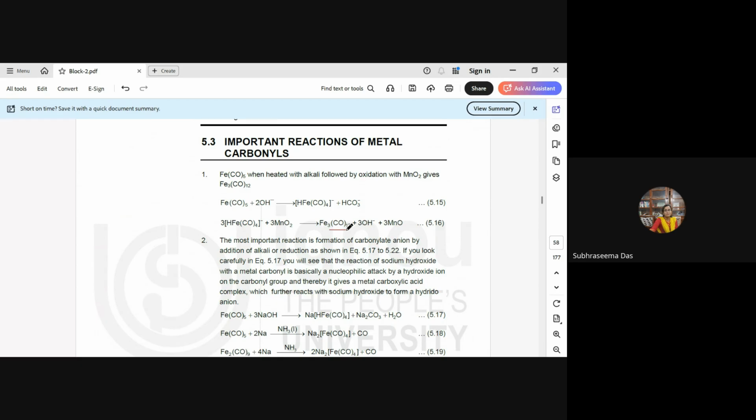The most important reaction is the formation of the carbonylate anion by addition of alkali, as shown in the reactions below. In the first equation, Fe(CO)5 plus NaOH forms an intermediate complex plus Na2CO3 plus H2O. The reaction of the hydroxide with a metal carbonyl is basically a nucleophilic attack.